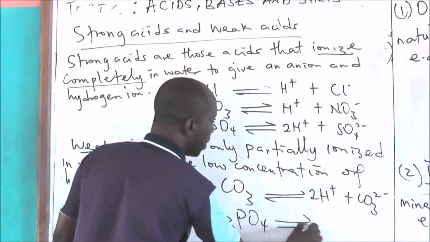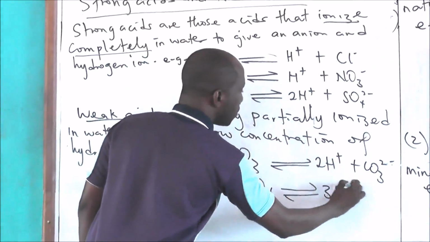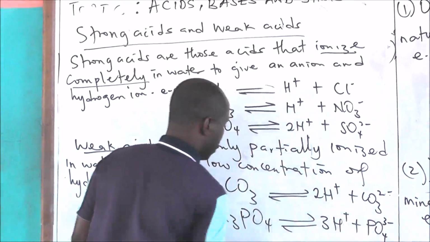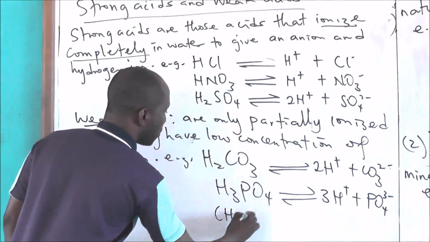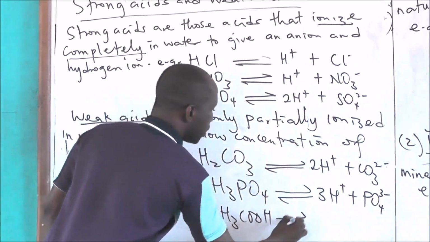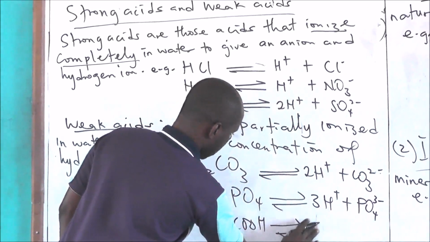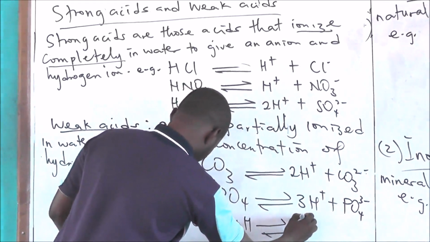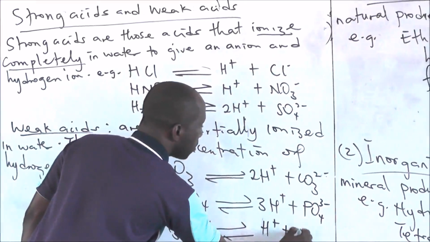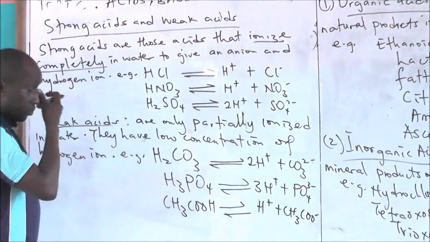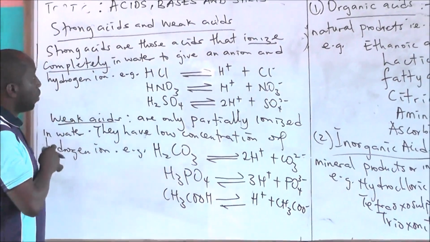This one ionizes partially in water to give us 3H plus and PO4 3 minus. Then you have your ethanoic acid also. This ionizes partially in water to give us H plus and CH3COO minus. Now, have a look at strong acid and weak acid.